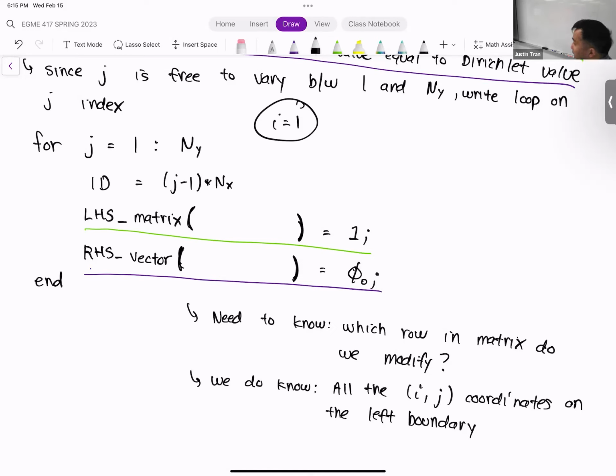It's fine to use J here because we're using the J variable name in the loop. Since we're looping over J, we can use J directly in our ID number equation.